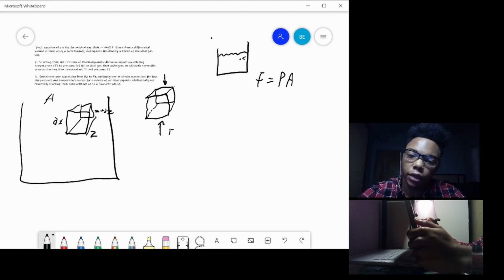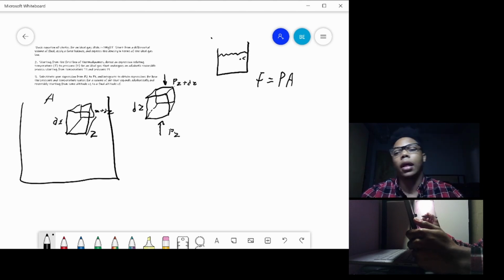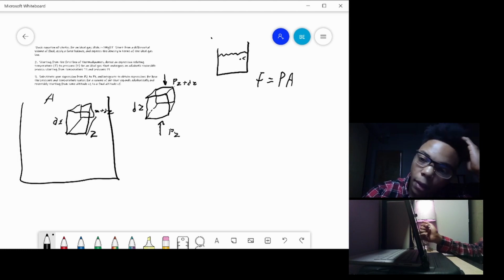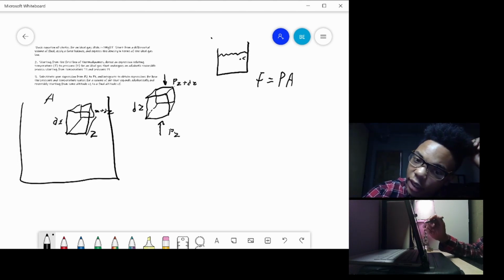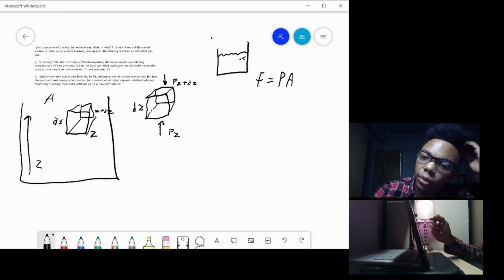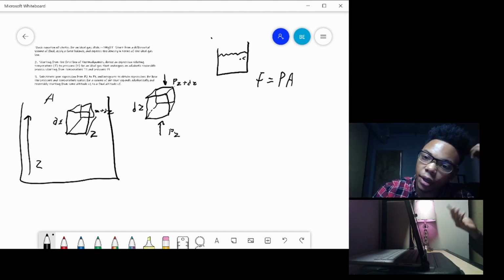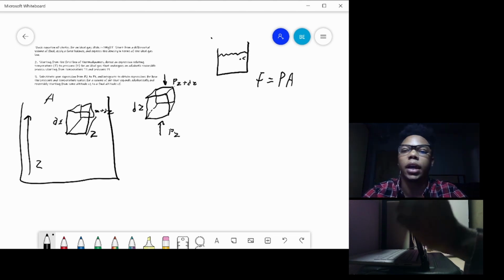Now the pressure right here at Z is going to be different than the pressure up here at P of Z plus dz, which is the thickness of our membrane. And what we're going to learn is that our z-axis actually goes up as we move across our membrane. So as we move further up, we're going to get bigger numbers for our z-axis.